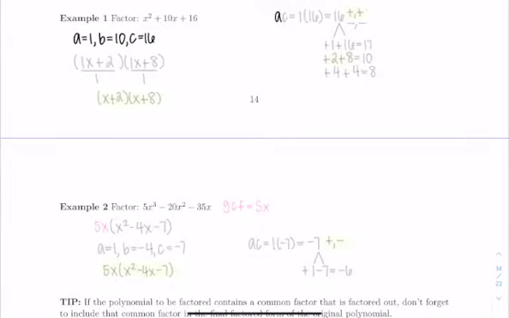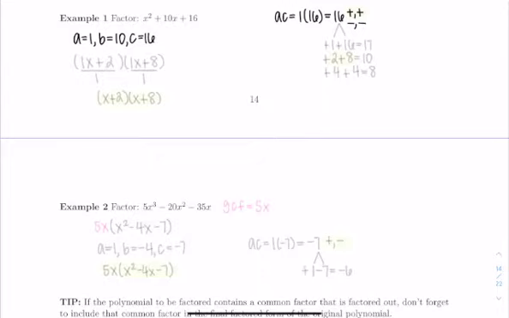We want to do A times C. A times C is 1 times 16, which is 16. Because we got a positive number, we could either multiply positive 1 times positive 16, or negative 1 times negative 16, and I still would have gotten positive 16.